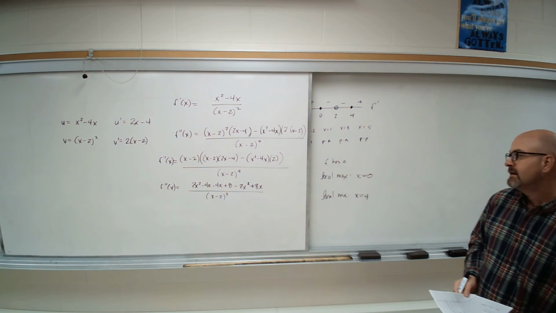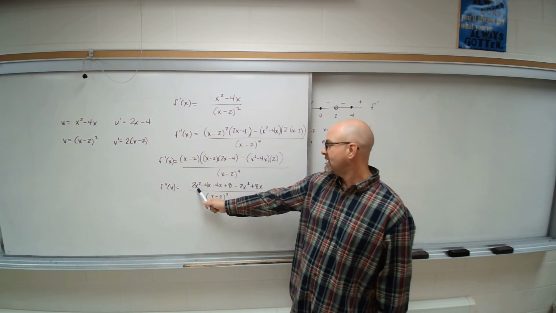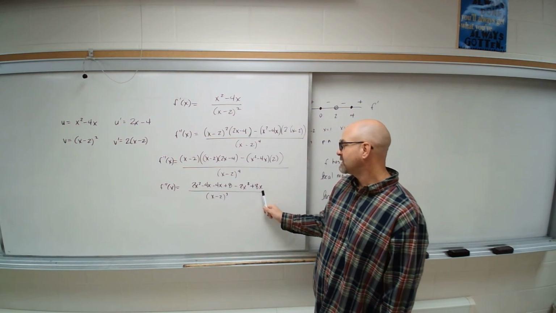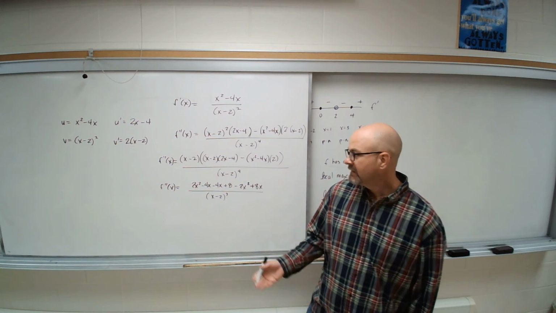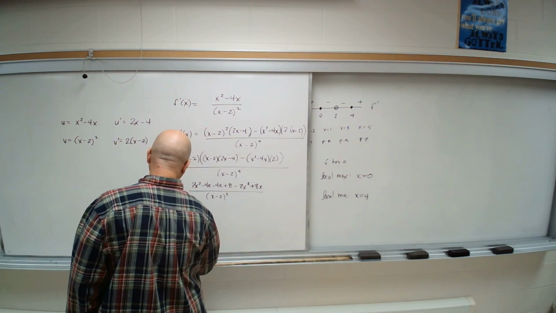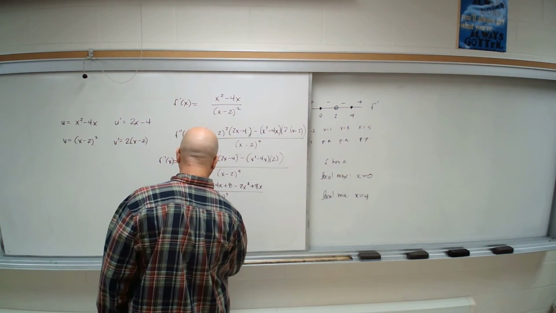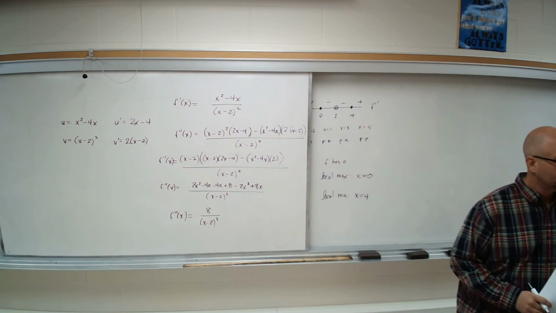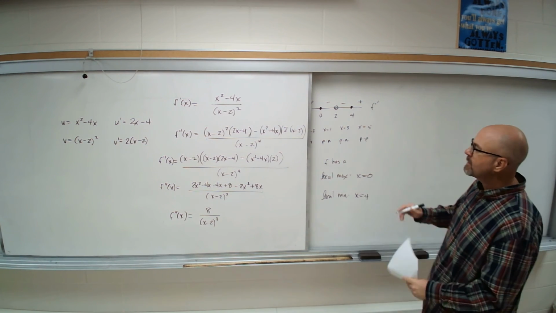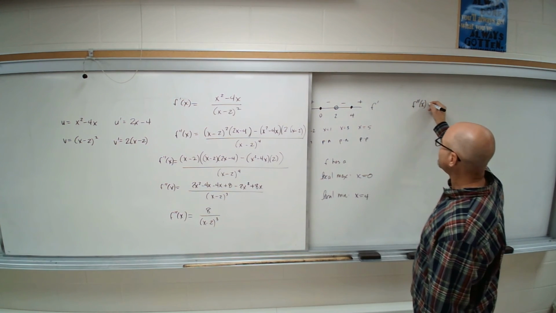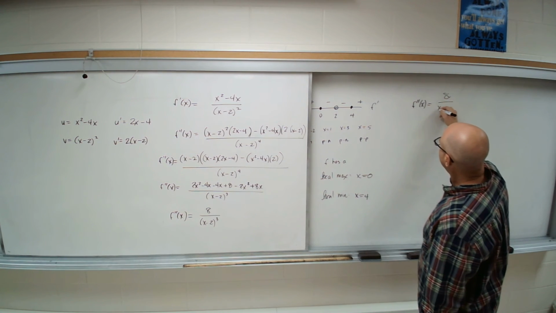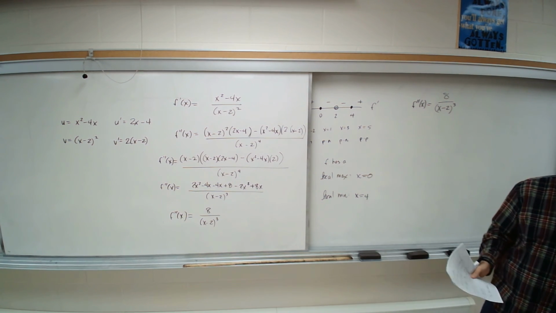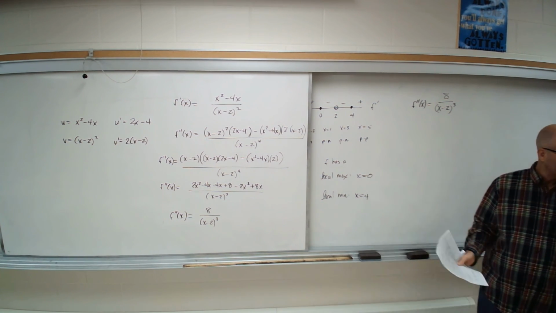Well then, luckily, 2x squared minus 2x squared cancels. Negative 8x plus 8x cancels. So we get that f double prime of x equals 8 over (x minus 2) cubed. So we'll write that up here. So f double prime of x is 8 over (x minus 2) cubed. It's kind of nice when all that terrible work just, everything cancels, right?